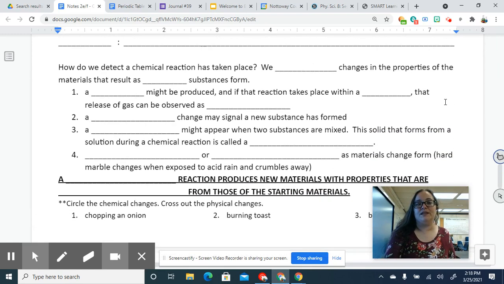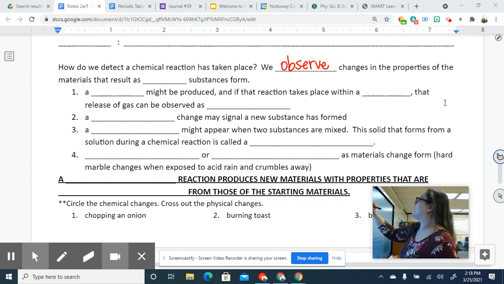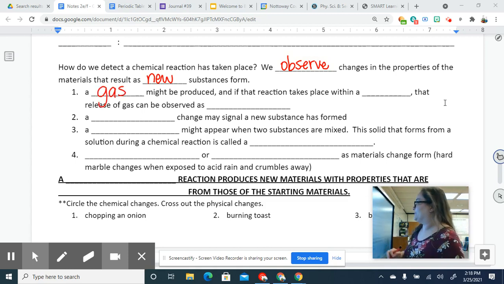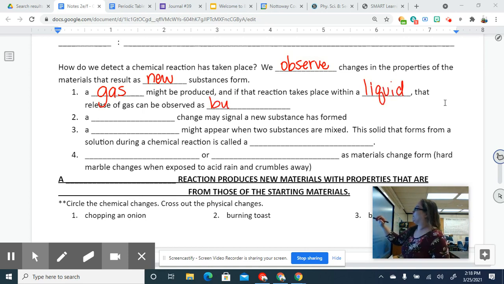So how do we detect that a chemical reaction has taken place? We observe changes in the properties of the materials that result as new substances form. So a gas might be produced. And if that reaction takes place within a liquid, bubbles are going to be released.